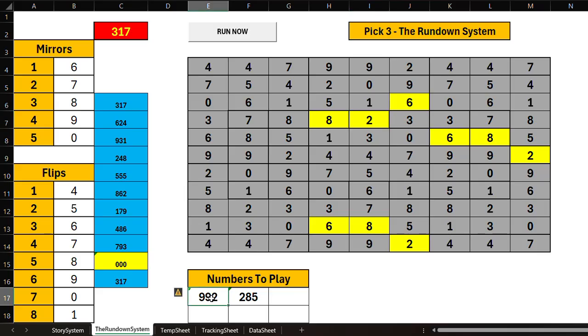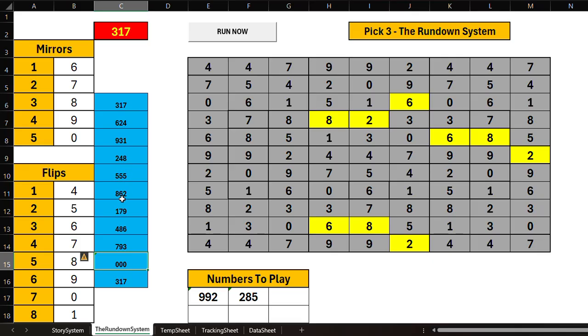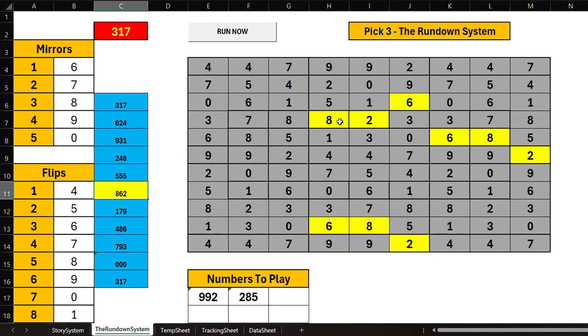Even though where it says 992 over here, the 2 is what we're playing off of, let's get rid of this, and we are picking the 862 from here. See, this 862 is what I'm trying to look for, right?